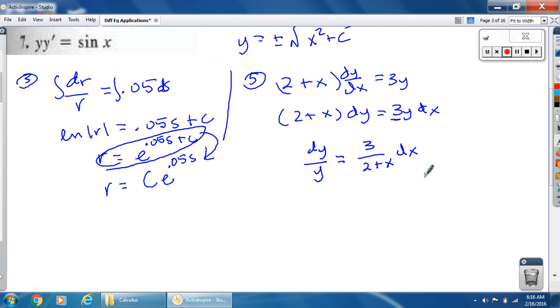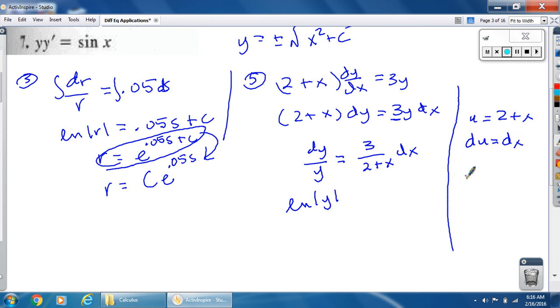Let's see, what am I going to do now? On the left hand side, I know what I'm going to do. I'm going to have ln absolute value of y. On the right hand side, I think I'm going to do some u substitution. So u is equal to 2 plus x. du is equal to dx.